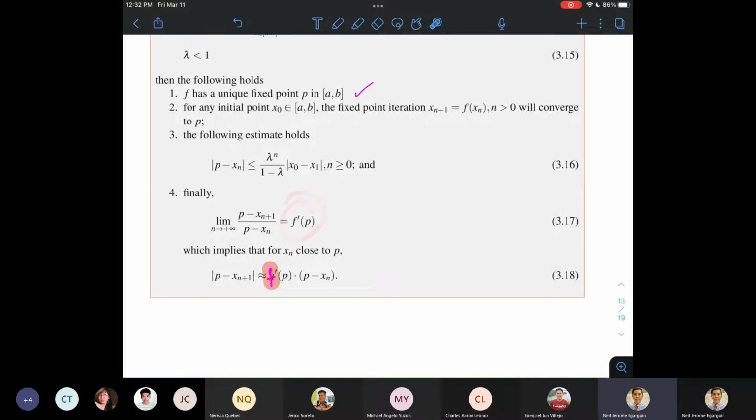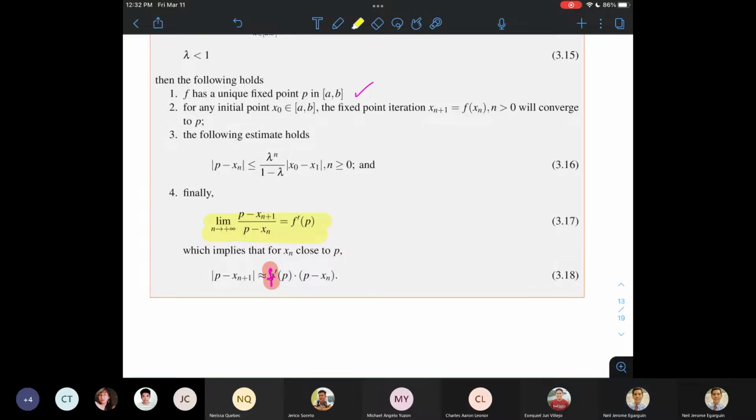This guy is a constant. It is the function value of the derivative at the fixed point p. Pero I hope this reminds you or this rings some bells, all right? So ano yung ibig sabihin nito? Ano yung ini-imply niya? Of course, i-imply niya yung 3.18, yeah?